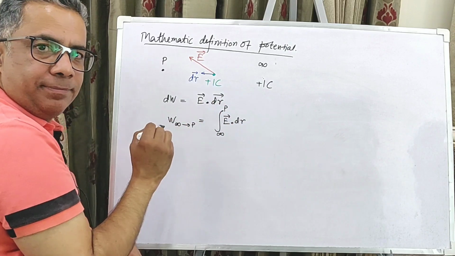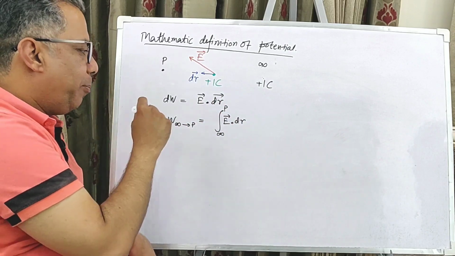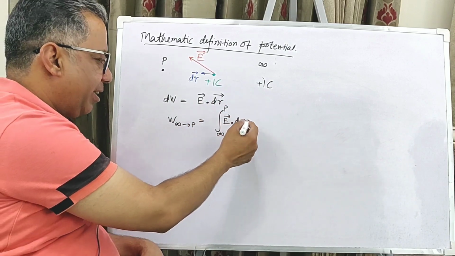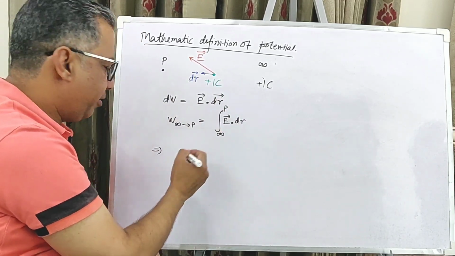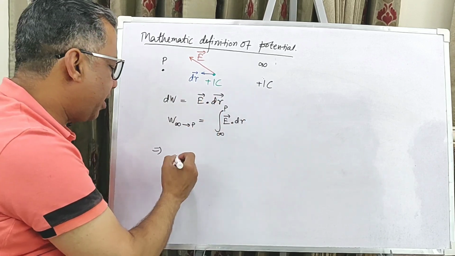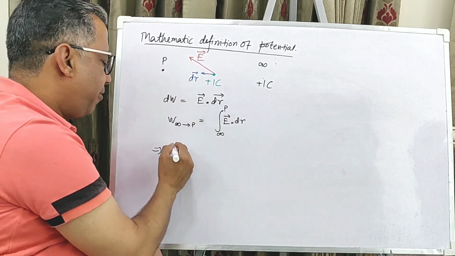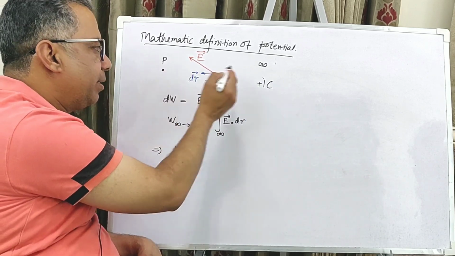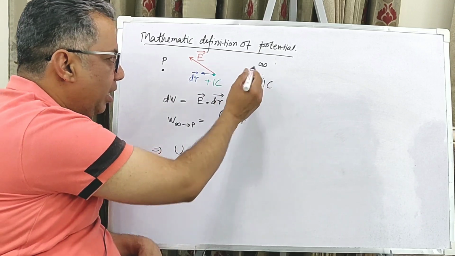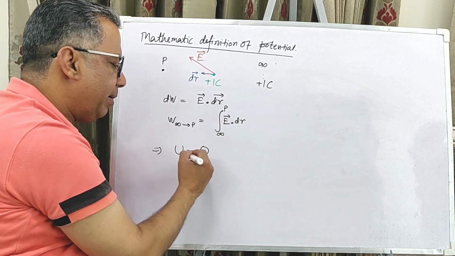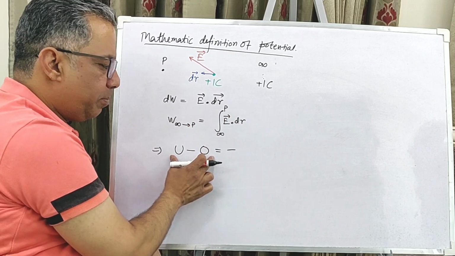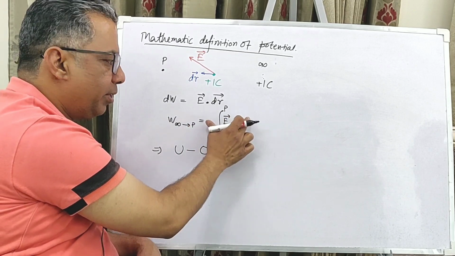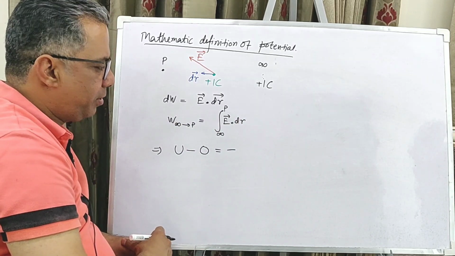That's the work done. Now potential energy can be given as negative of this work done, or rather change in potential energy. Now the final potential energy U here minus the initial potential energy at infinity is negative of this work, right? Change in potential energy is negative of work done by a conservative force.